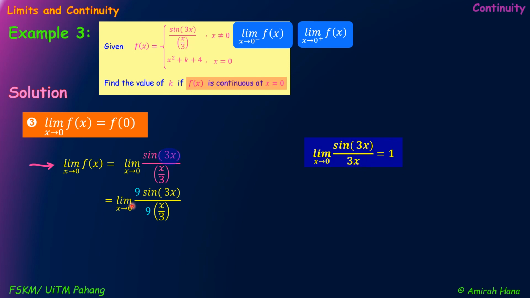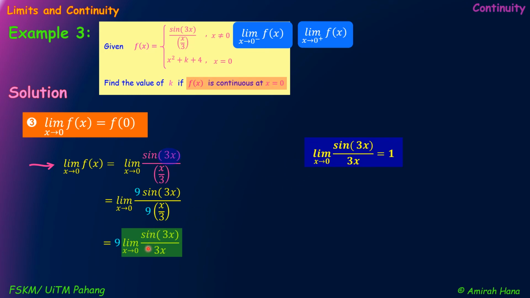Then we move the constant 9 out of the numerator. So we get 9 times the limit as x approaches 0 of sine 3x, and for the denominator, we simplify, so we get 3x. Then we compare with the theorem.